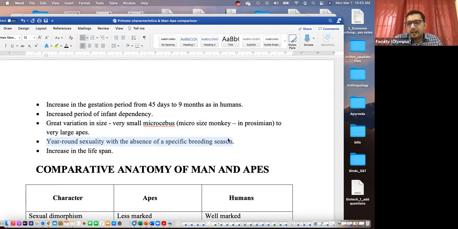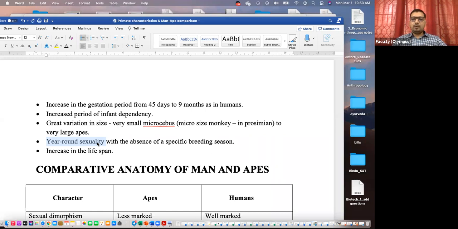Compared to many other animals like dogs and cats, they have breeding seasons, correct? With primates, we don't have that. Year-round sexuality is seen with primates. There is no specific breeding season for them. Usually you see year-round sexuality, though there may be exceptions. So they have a long generation time, but year-round sexuality to compensate.